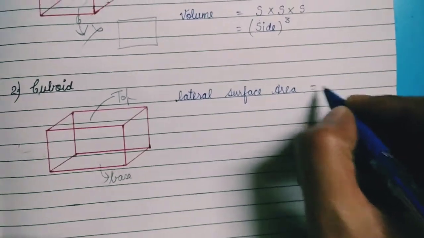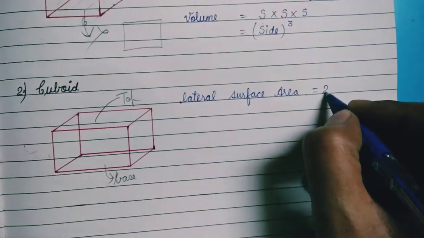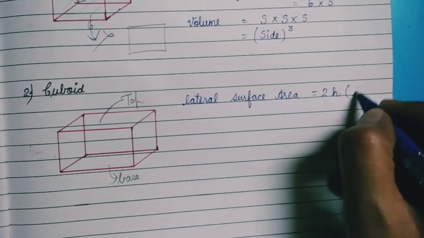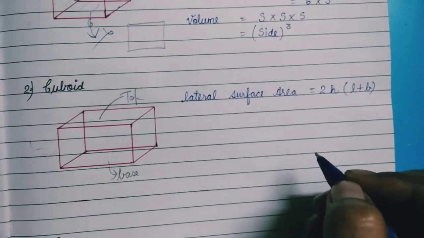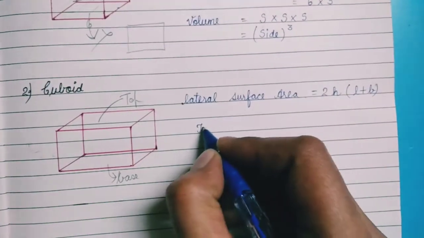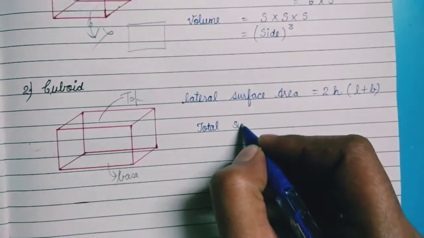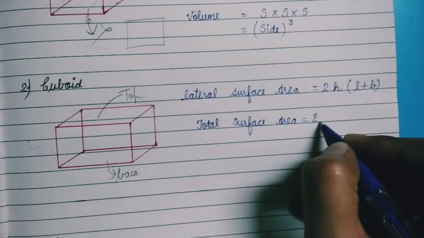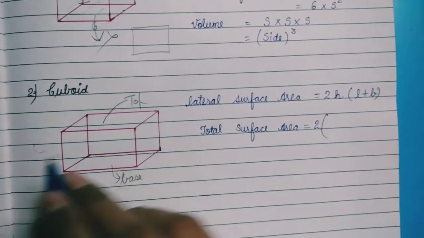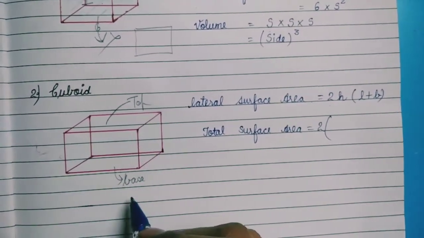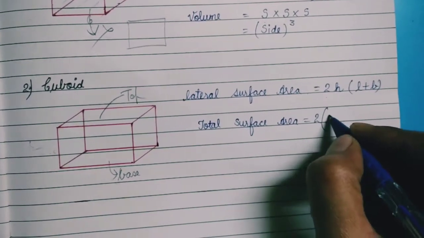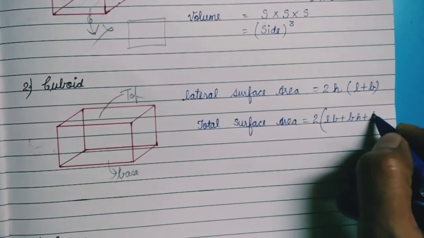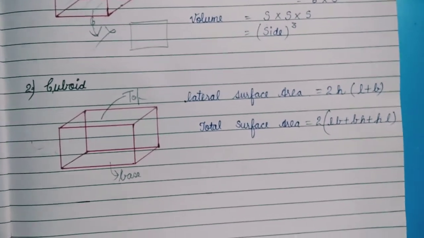So lateral surface area is 2 into height, into length plus breadth. And its total surface area is 2 into, now all the things will come, this top and base also come, so length into breadth, breadth into height, and height into length.